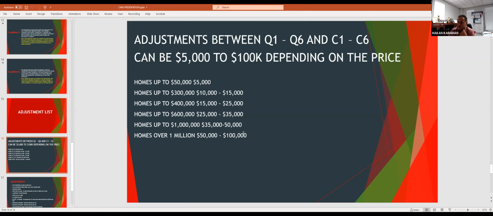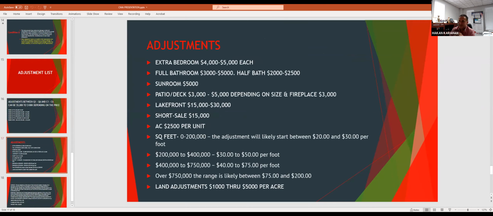So if one home is Q3 over $1 million and the other one is Q2, that price can be adjusted from $50,000 to $100,000. You can see how fast it can go up or down. It's because of this rule. So adjustments: extra bedroom, $4,000 to $5,000 each.